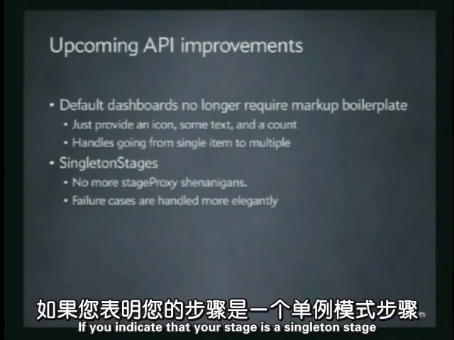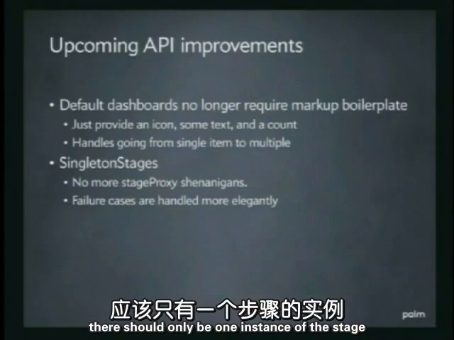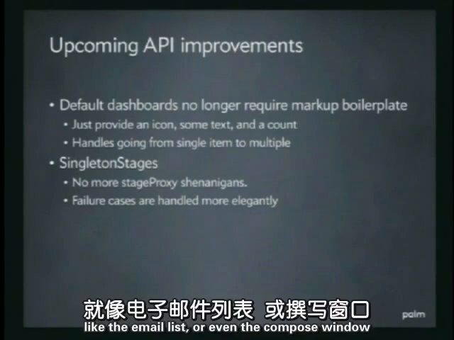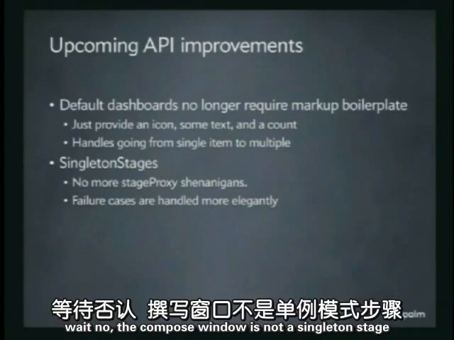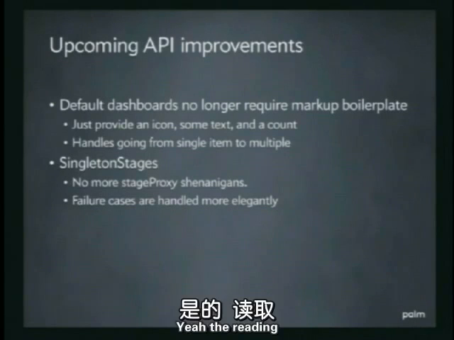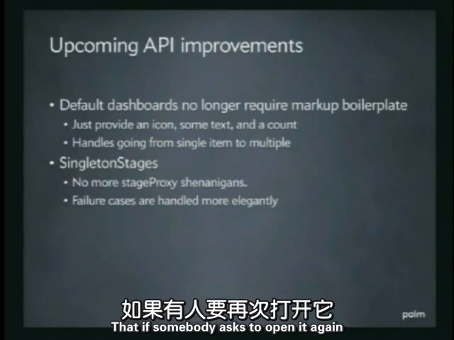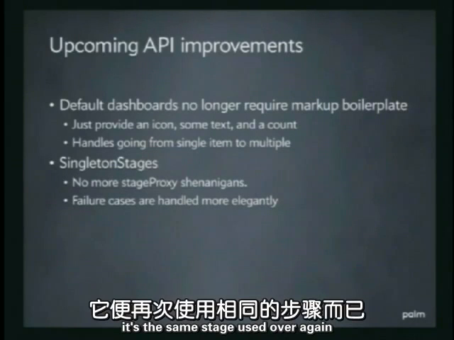If you indicate that your stage is a singleton stage, there should only be one instance of the stage at any given time, like the email list, or even the compose window is a singleton stage. Wait, no, compose window is not a singleton stage. What was that? The reading. Yeah, the reading. Anytime you have a stage where, if somebody asks to open it again, the same stage is used over again.